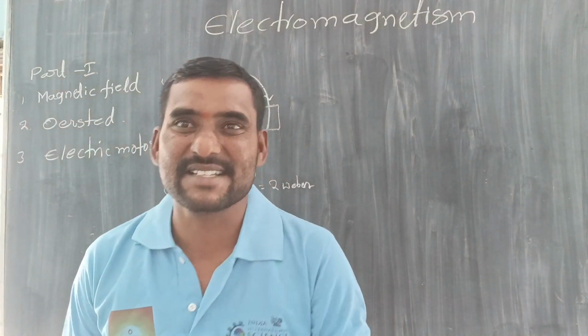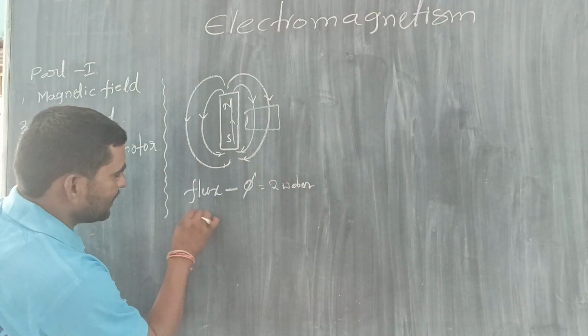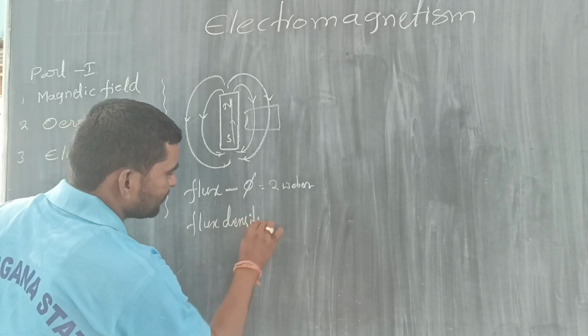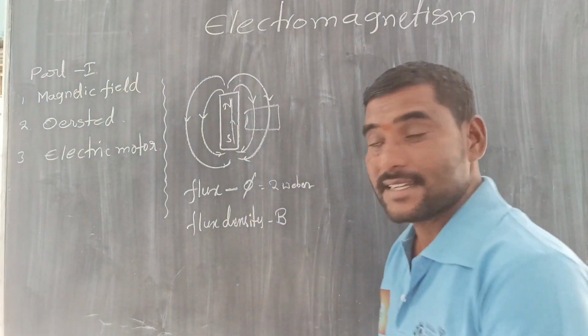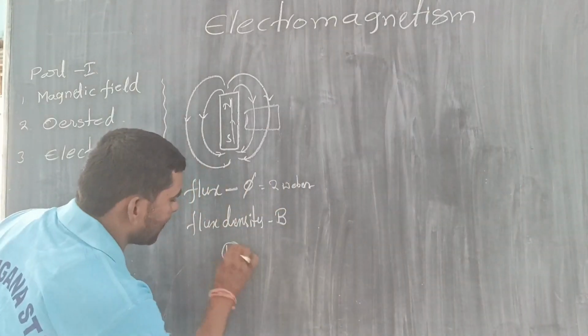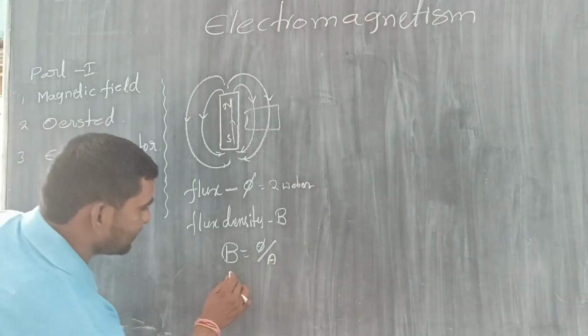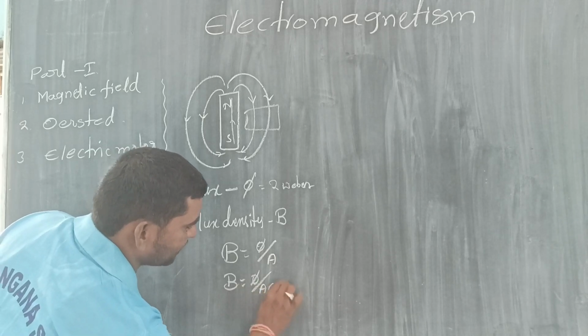Next, flux density, they are asking, very important here. Flux density is denoted by capital B. It is also called the magnetic field. B is equal to phi by A. We can write B equals phi by A cos theta.